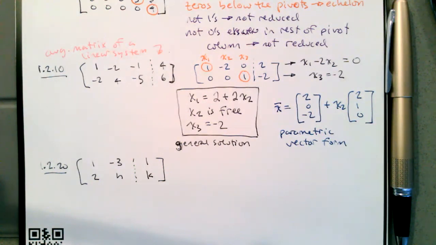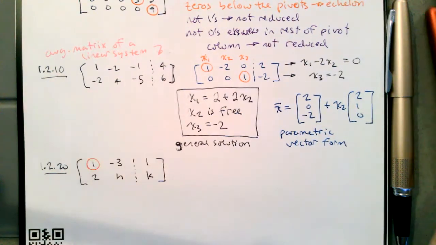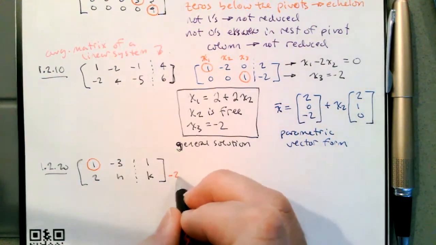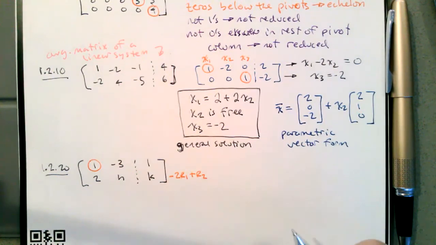And when we're looking at an augmented matrix, we want to find the reduced echelon form if we can get it, but at the very least an echelon form that we can use to work backwards. So I'm going to pivot in this first row. I'm going to use that 1 to get a 0 below. So I'm going to do -2 times the first row plus the second row, and that's going to be my new row 2.